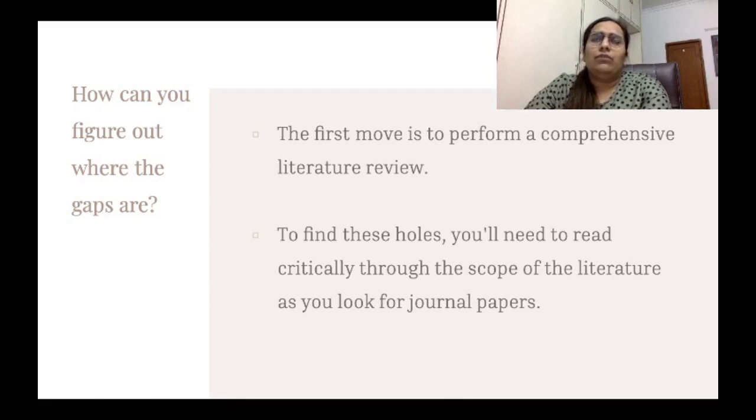When you go through the reading, don't try to read a paper just once, because a researcher has written a whole paper over two or three years of study, so you can't understand it in the first go.